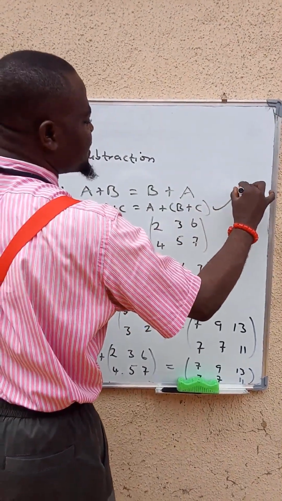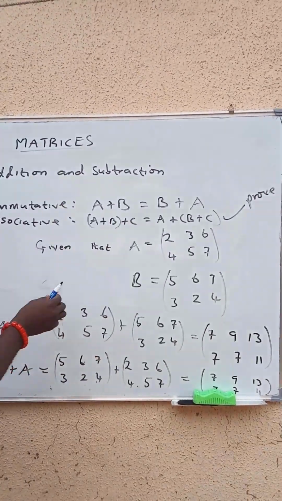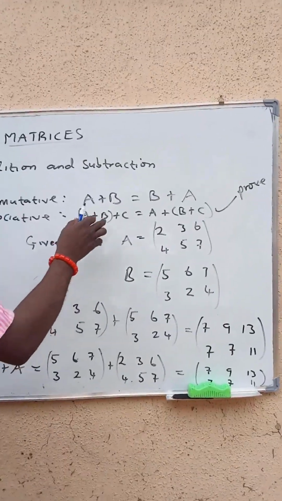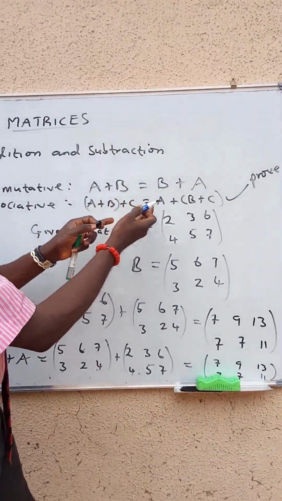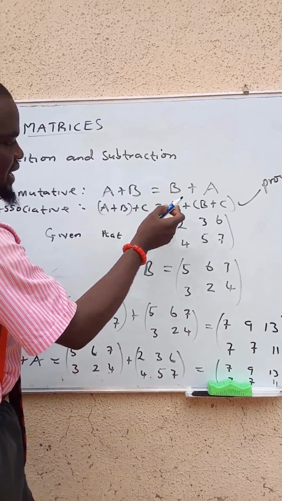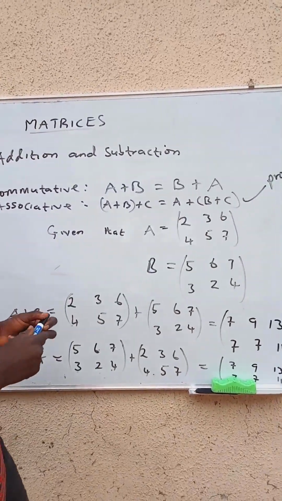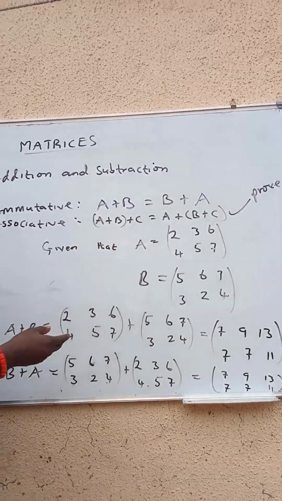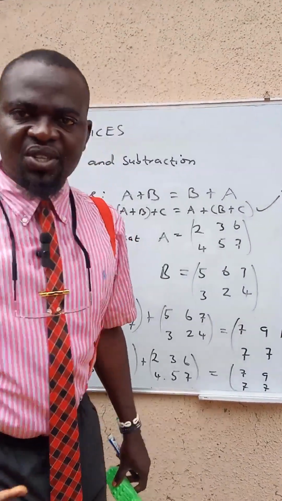So go and prove this. Use A equal to this and B equal to this to prove that it is associative. You first add this, add the C. By adding this first and adding this to this, you have the same answer. So addition is commutative. Addition is also associative.